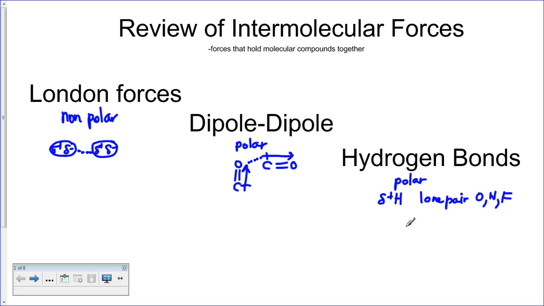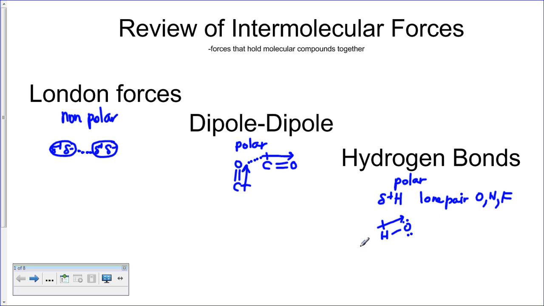So in organic chemistry, one of the functional groups that we have that would be important to consider here in terms of hydrogen bonding is the OH group. When we have alcohols, we have OH, and the OH is a polar bond, which gives us a slightly positive hydrogen, and then we've also got a lone pair on our oxygen.